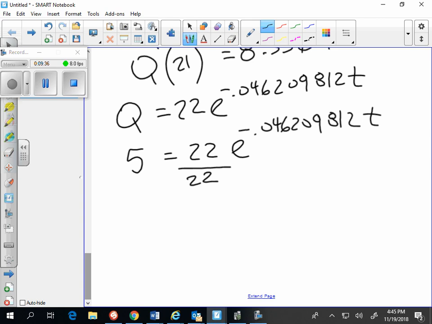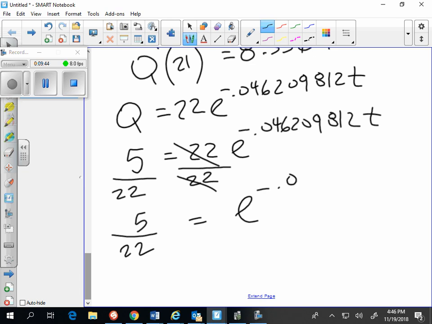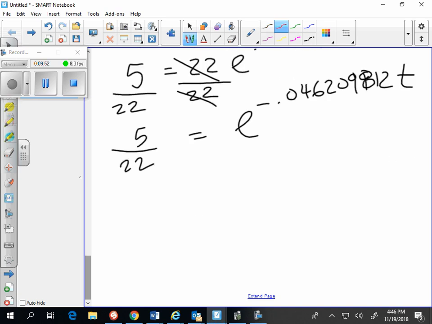I'm going to divide both sides by 22. That'll give me 5 over 22 equals e to the negative 0.046209812t. And I can hear many of you saying, take the ln, take the ln.